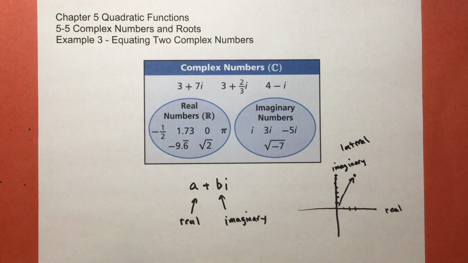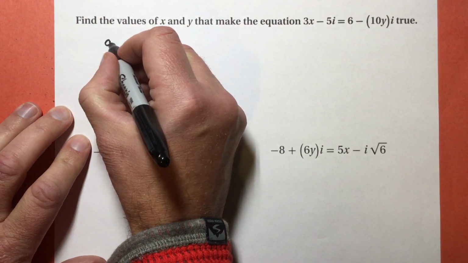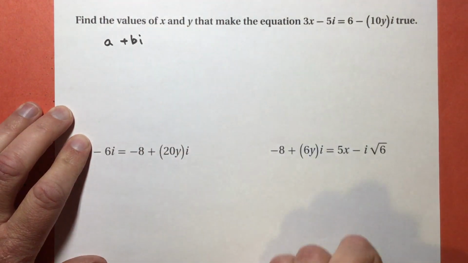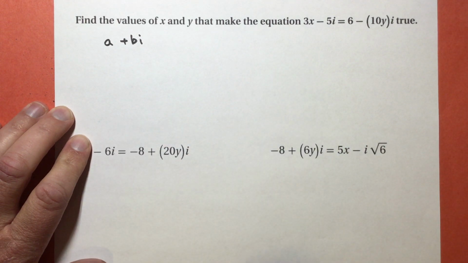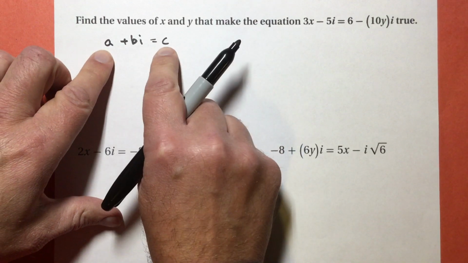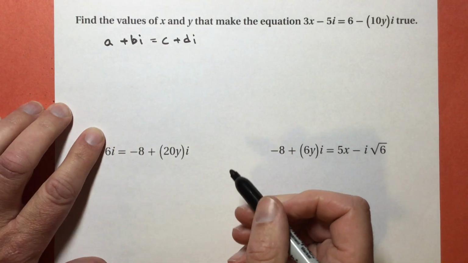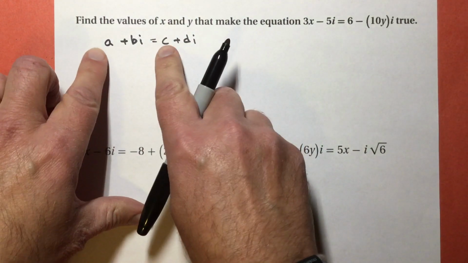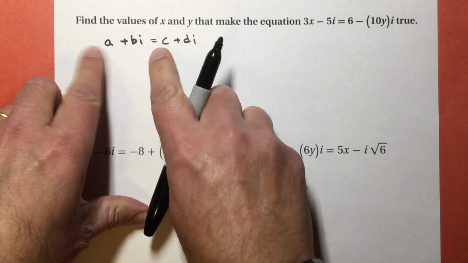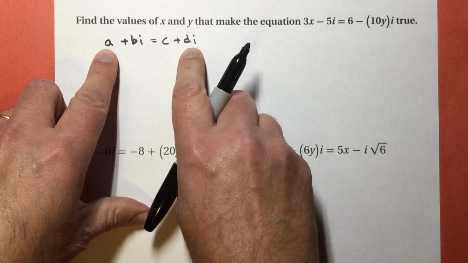Now, here's the thing about complex numbers. Like I said, it's got two parts. So I have a plus bi. If I have another complex number written in a different way, so I have another number plus another number times i, these cannot be different. There's no way of rewriting this so that these two are equal to each other.